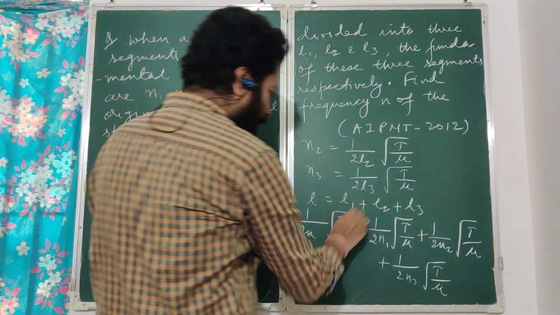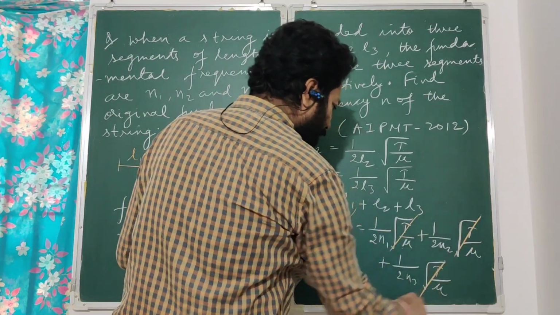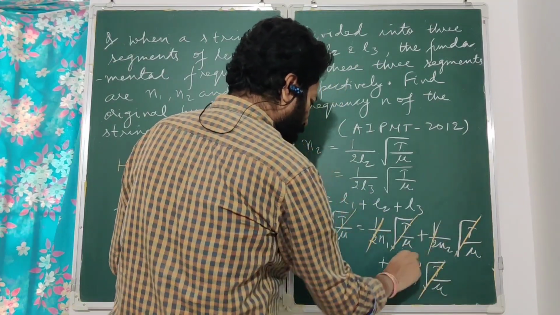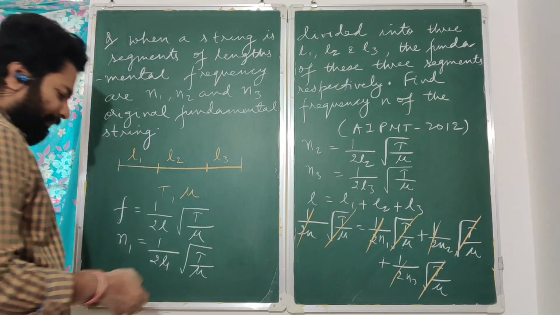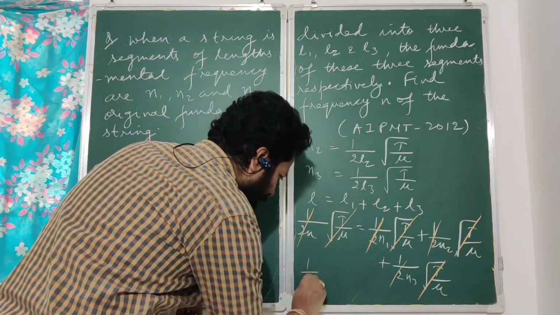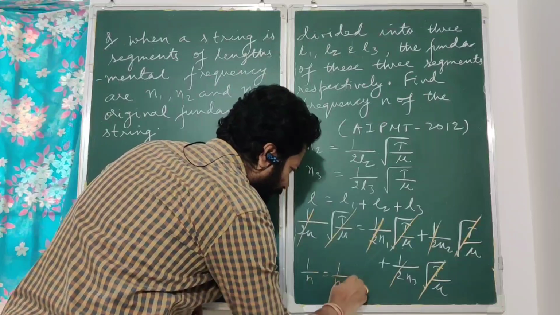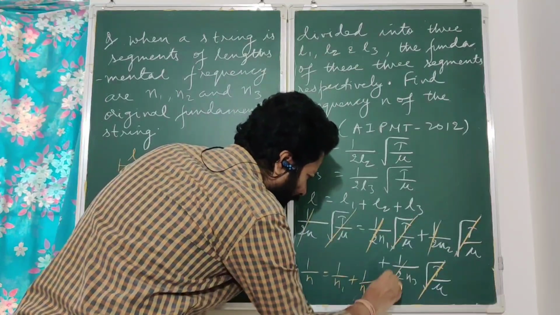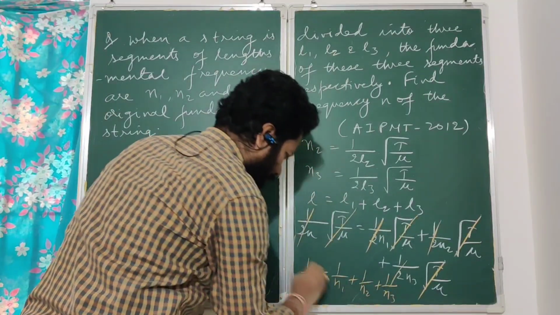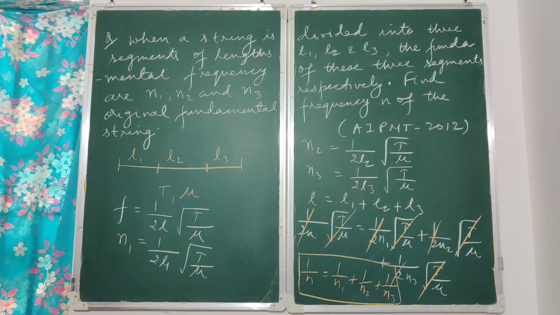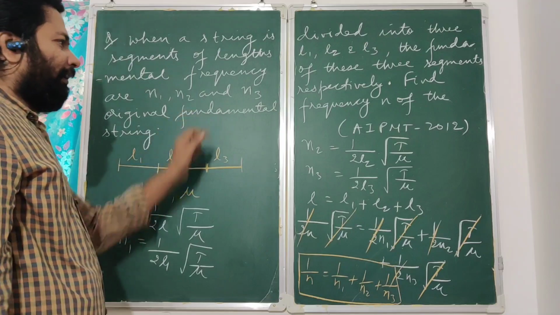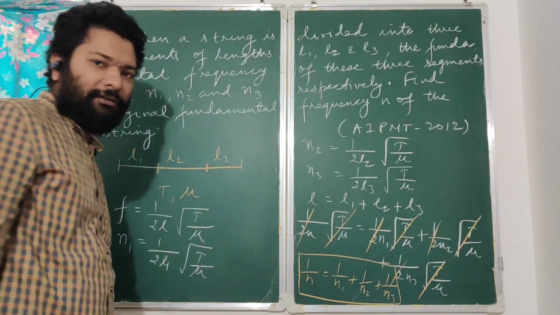So we can cancel the common terms. So what do we get? We get 1 by n is equal to 1 by n1 plus 1 by n2 plus 1 by n3. So this is the relationship which can help us to find out the original fundamental frequency n of the string.